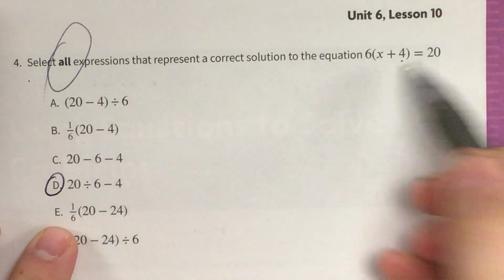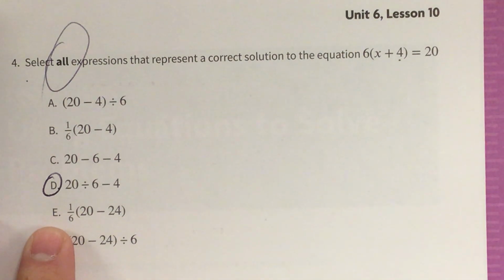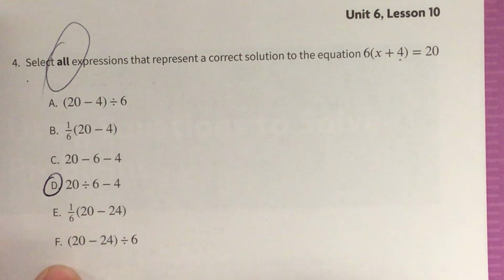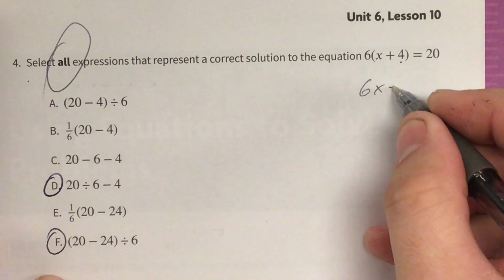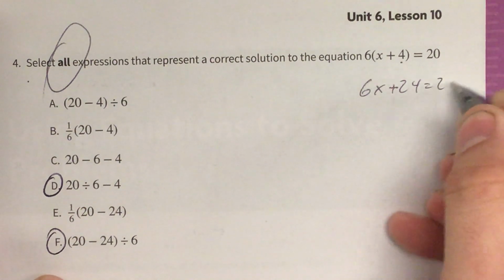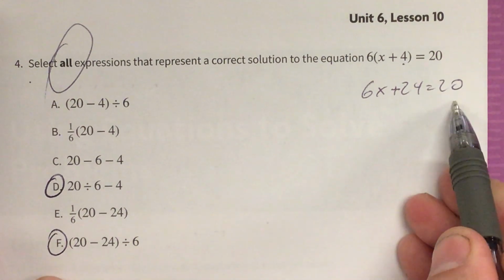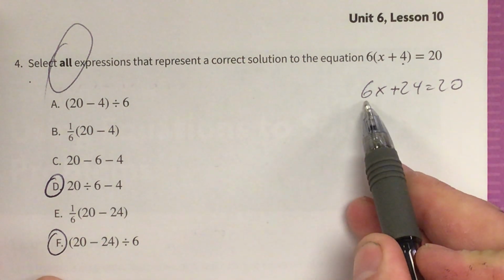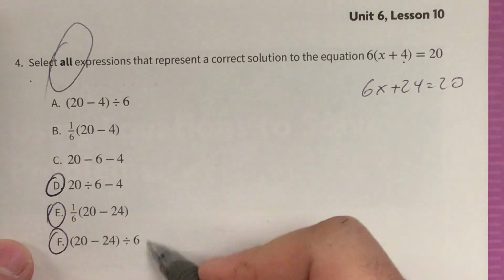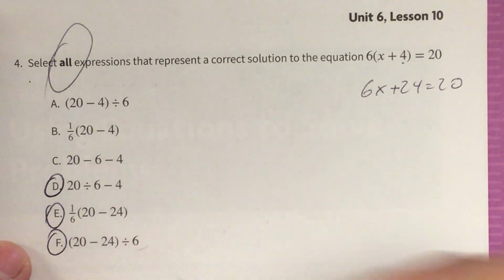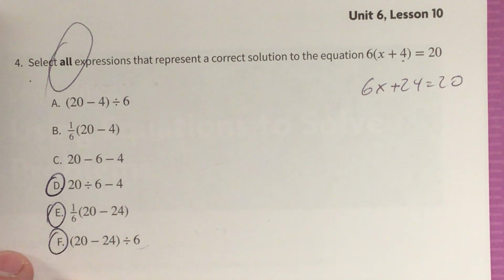Subtract 4. Works good. Cruz. F. So they would have distributed on this one. And they said you subtract 24 and then divide by 6. That works as well. There's one more. E is the same thing. Dividing by 6 and times 1 over 6 is the same thing.